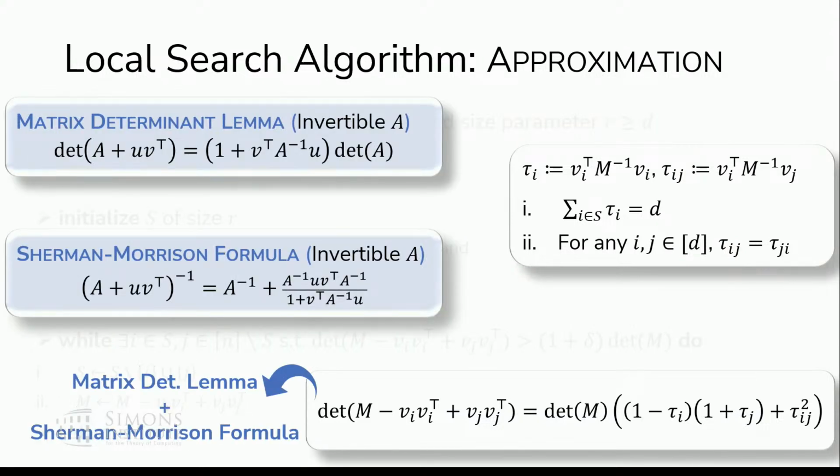And it's actually not that hard; using the matrix determinant lemma and the Sherman-Morrison formula, you can get that bound. Now everything looks very good. They are in terms of tau i, tau j, and these are the things that I want to show are bounded, so that I can show that the L2 norm of the coefficient vector is bounded.